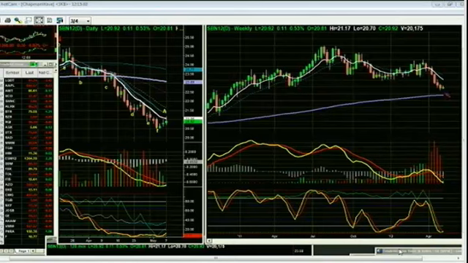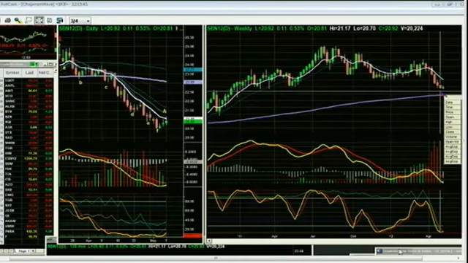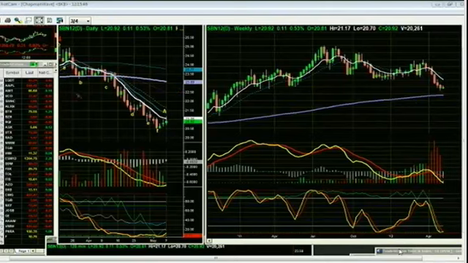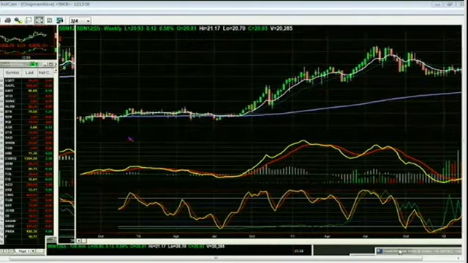That says if sugar was to close this week under 20.50, I've got 19.79 as a very important 200-period exponential moving average. Look at how that will support all the way through 2009 and through 2010. So to me, that would be really important. Let me go back to Larry's chart because I want to check to see.